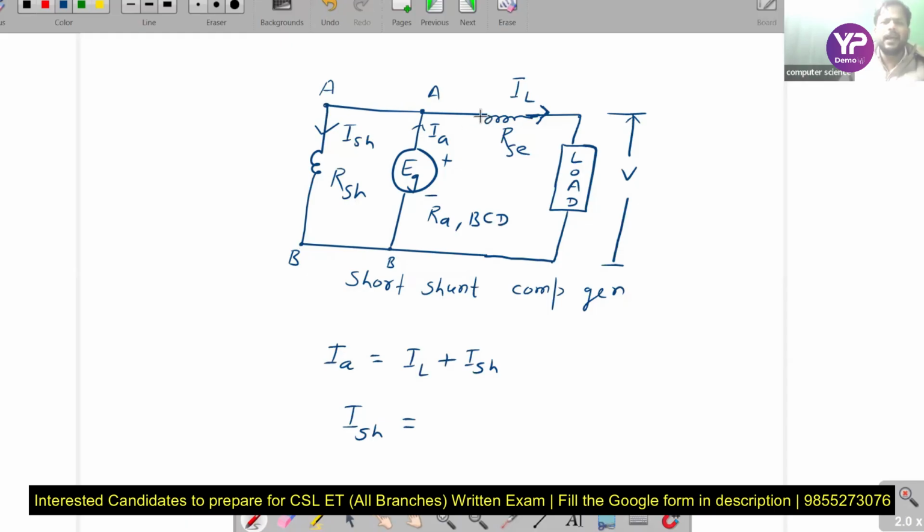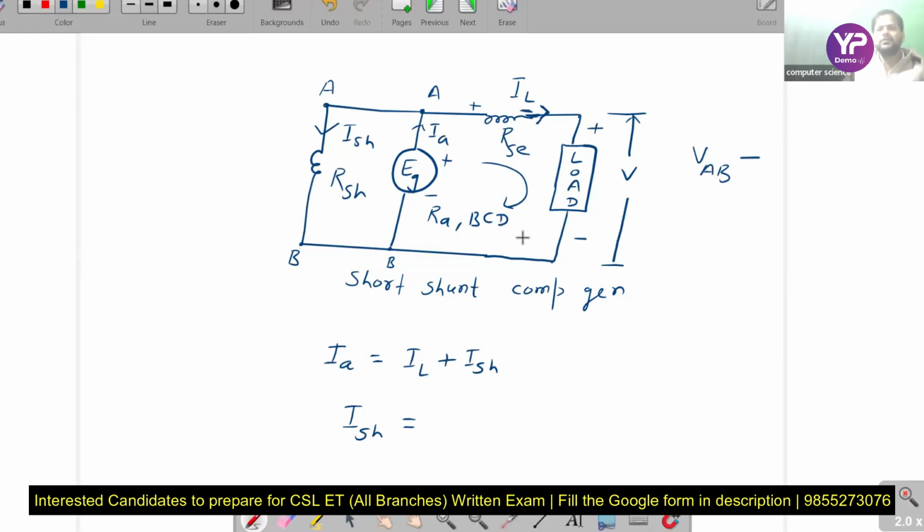Apply KVL in this loop. When we apply KVL, from node A to B, we take VAB minus the current flowing in that direction, and we know current always flows from high voltage to low voltage.